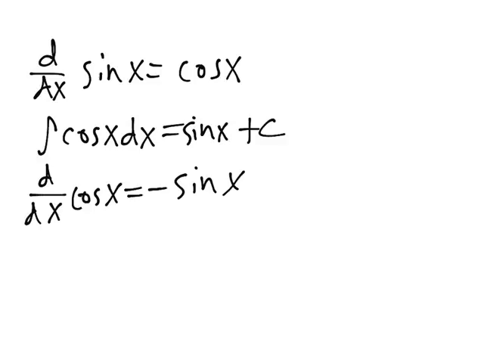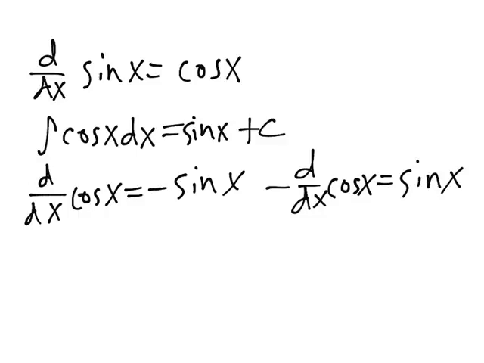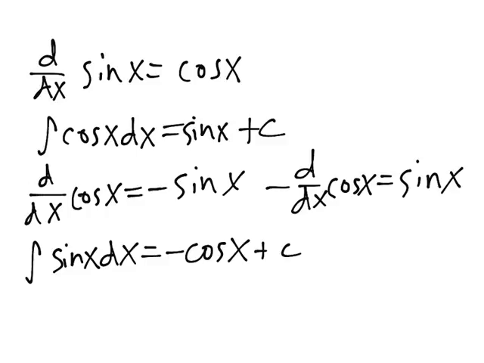Or we can rewrite this as minus d/dx of cosine x equals sine of x. So this tells us that the integral of sine of x dx is equal to minus cosine of x plus c. We can continue in this fashion to evaluate all sorts of trigonometric integrals.